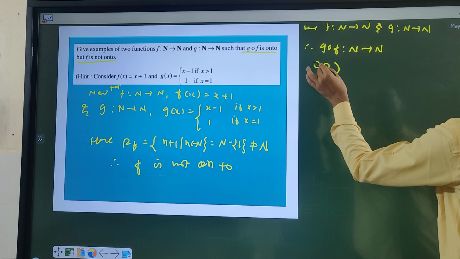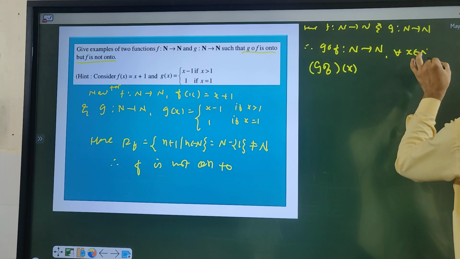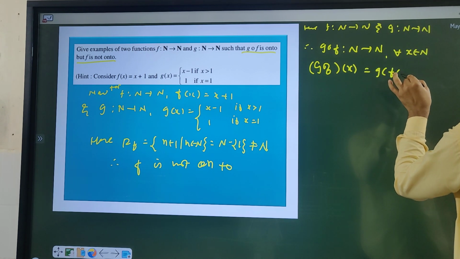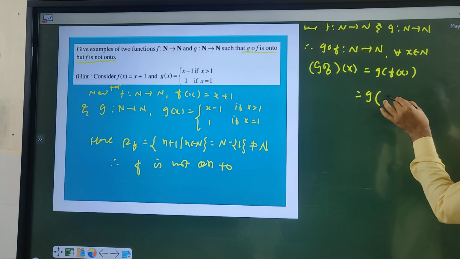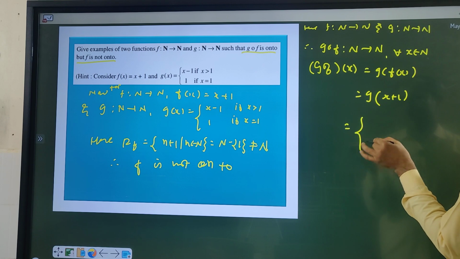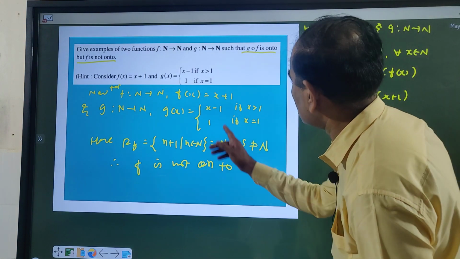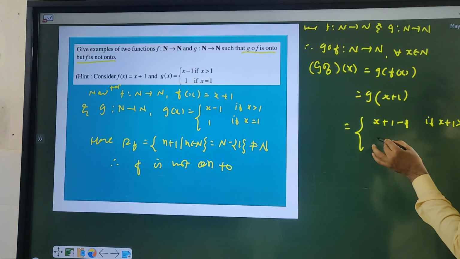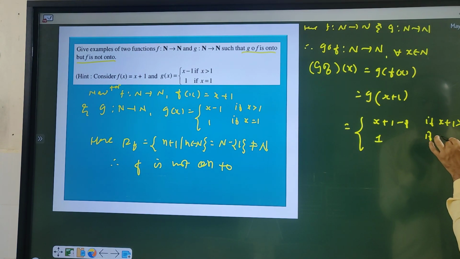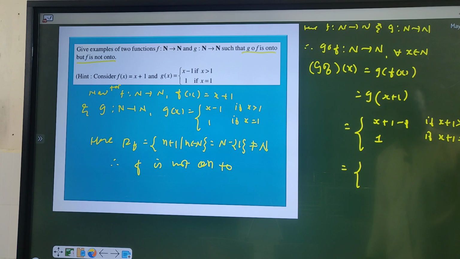Now what is gof at x? For all x belongs to N, that is equal to g of f of x. What is f of x? It is x plus 1, so it is equal to x plus 1 minus 1 if x plus 1 is greater than 1, and equal to 1 if x plus 1 equals 1. But what is this set?